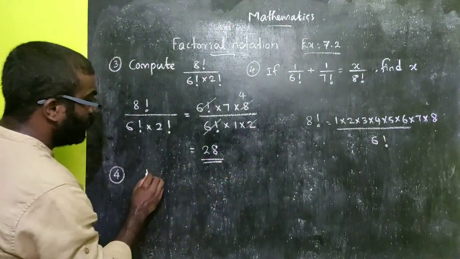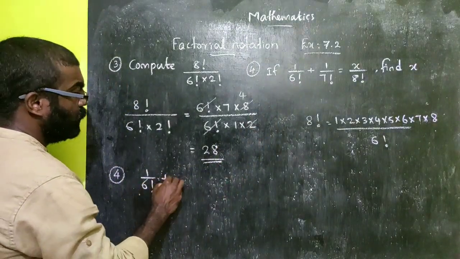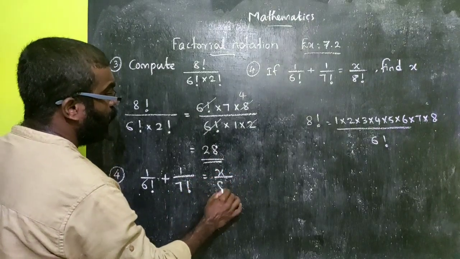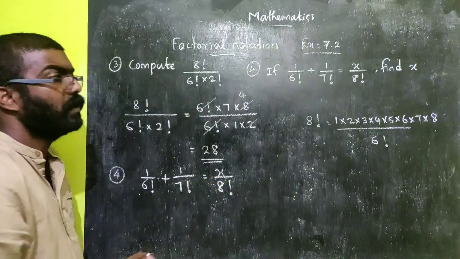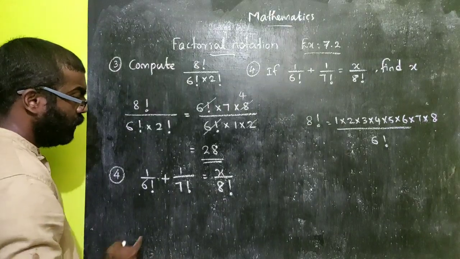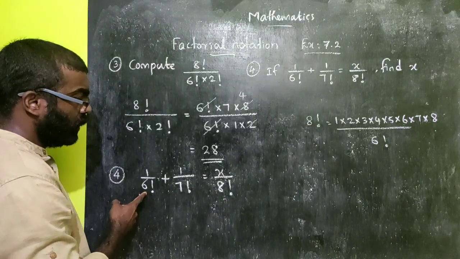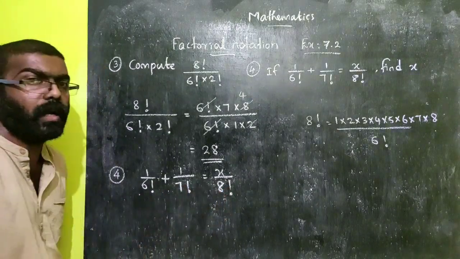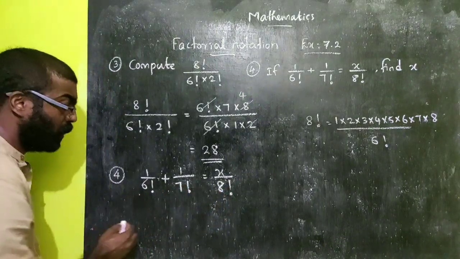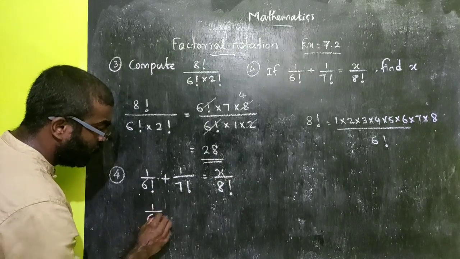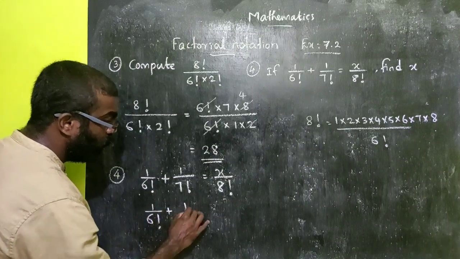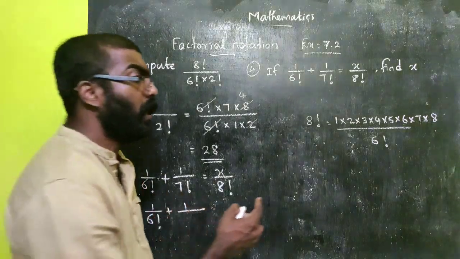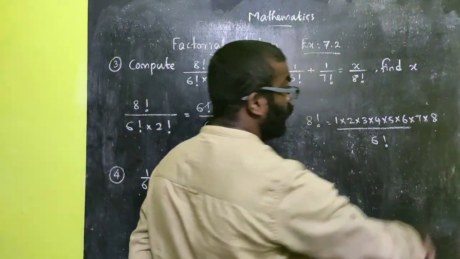If 1 by 6 factorial plus 1 by 7 factorial is equal to x by 8 factorial, find the value of x. So here the smallest number is 6 factorial. So we can convert 7 factorial and 8 factorial in terms of 6 factorial. That is 1 by 6 factorial plus 1 by, this 7 factorial means 1, 2, 3 up to 7.